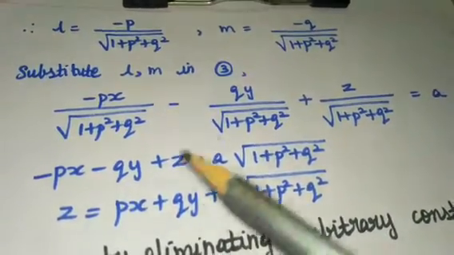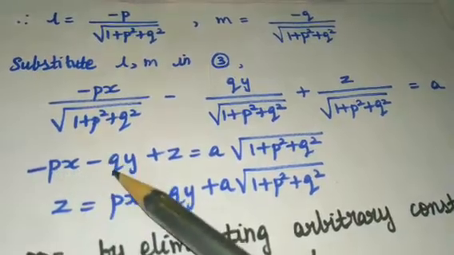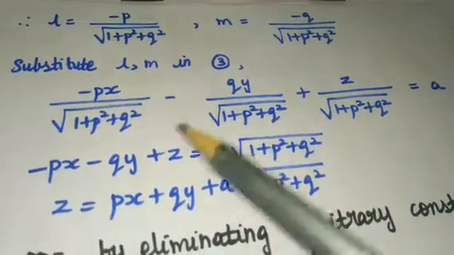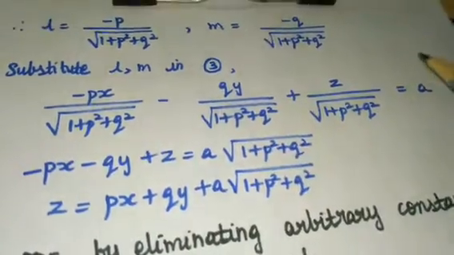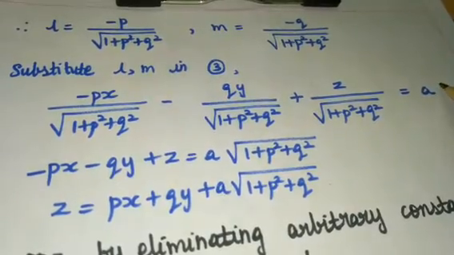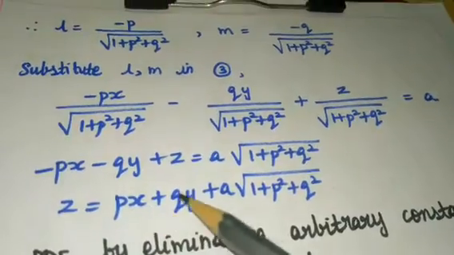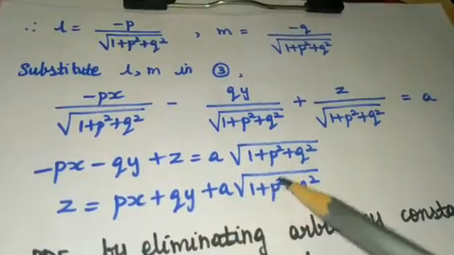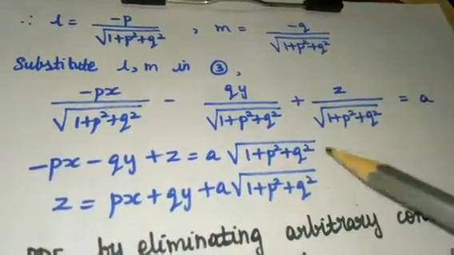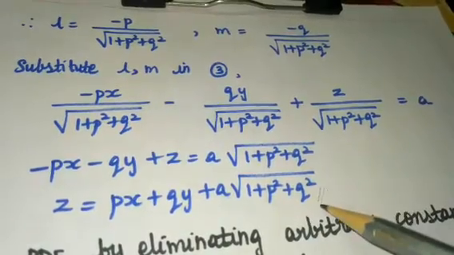So from this, −px − qy + z is equal to a into √(1 + p² + q²), putting this term across, it becomes multiplied with a. So therefore z is equal to px + qy + a√(1 + p² + q²). This is the required PDE.